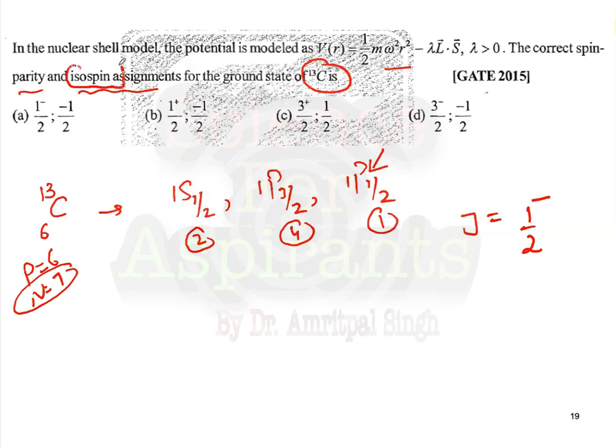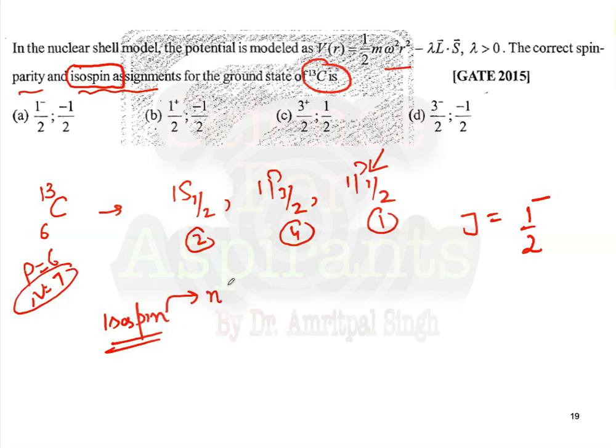This isospin concept has been explained by the independent particle shell model. Isospin is basically applied to those particles which have the same mass but different charges.